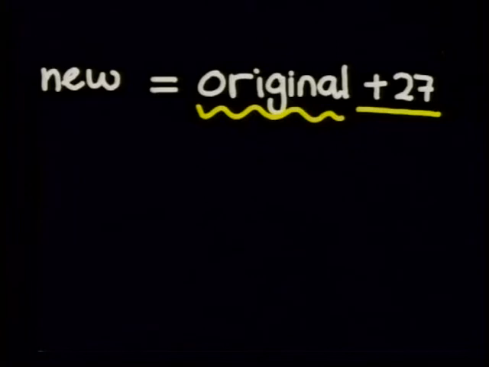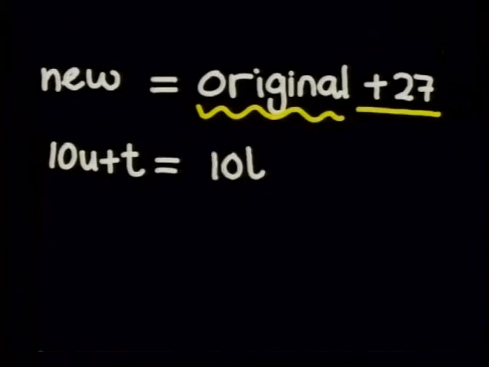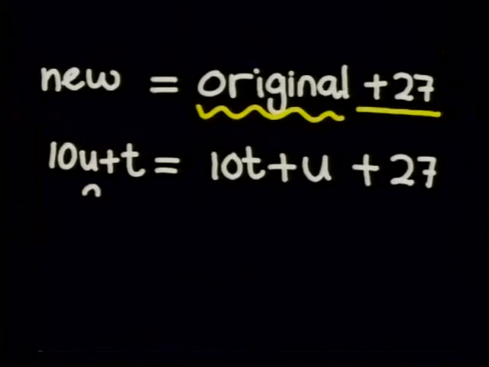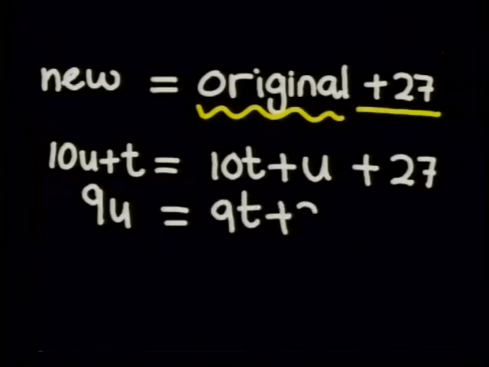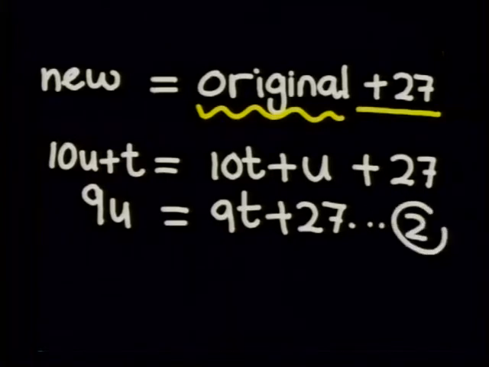So we can write 10U plus T, which is the new number we found, is equal to 10T plus U plus 27. This simplifies to 9U is equal to 9T plus 27. And we can call this equation 2.